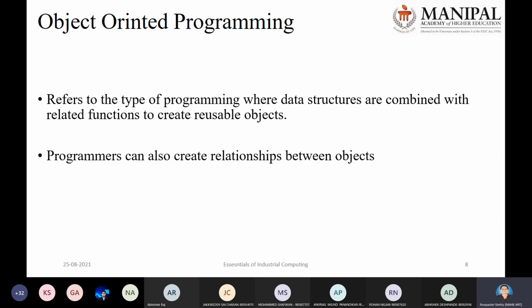To understand this object oriented approach, there are three main concepts you are supposed to understand. One is object oriented concepts, the other is the object oriented process, and the third is the notation used for representing the object oriented approach. There are many things that come in the curriculum for object oriented programming.